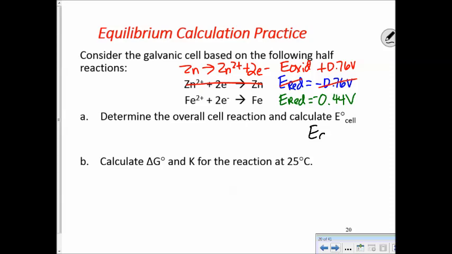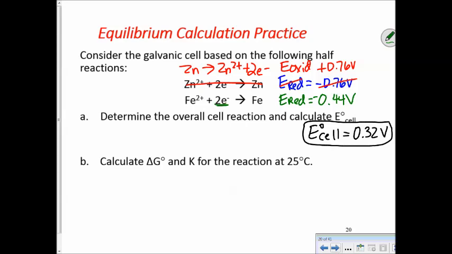And our overall cell potential, E cell, now is... good. And balancing our overall reaction, what's nice and convenient for us this time? No oxygen, no hydrogen, and it's already easy.